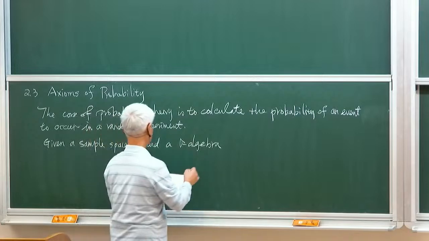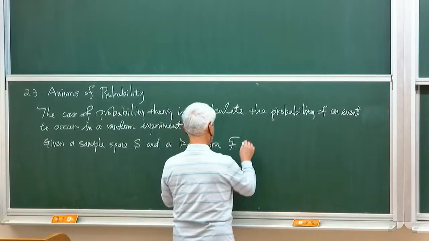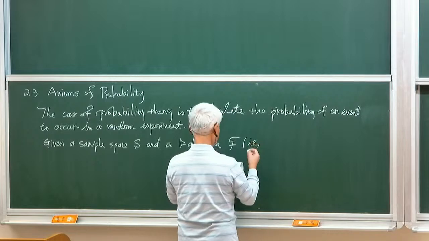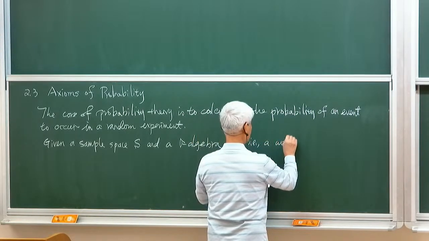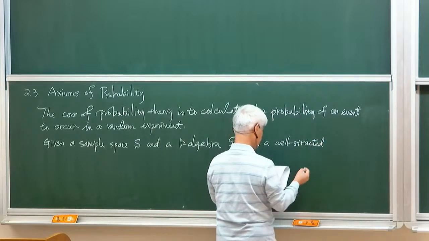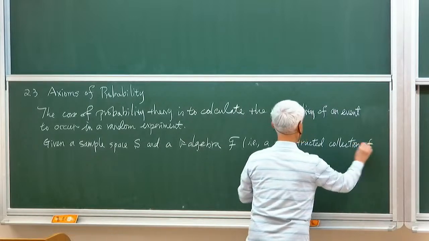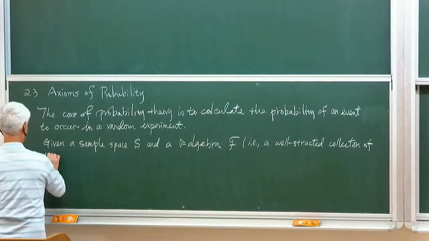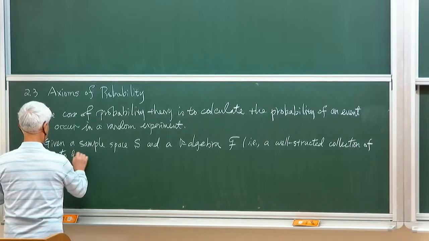So we have a sigma algebra F. We recall here that a sigma algebra is a well-structured collection of events of interest.